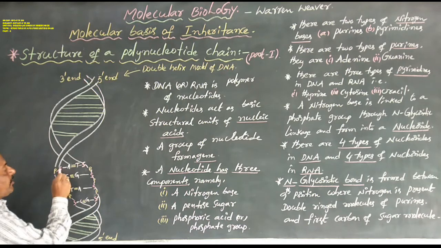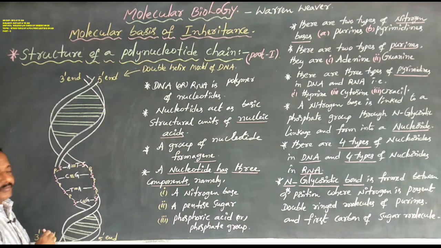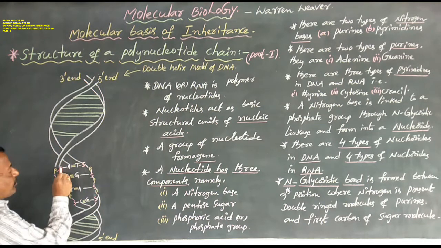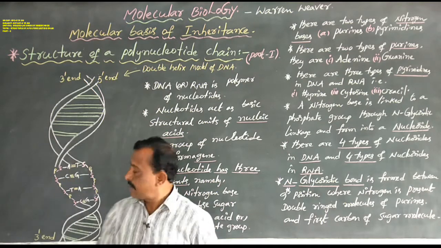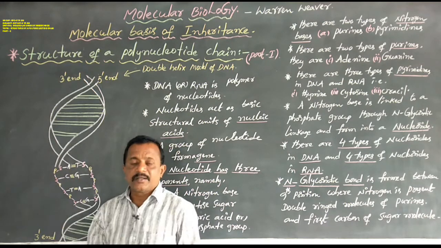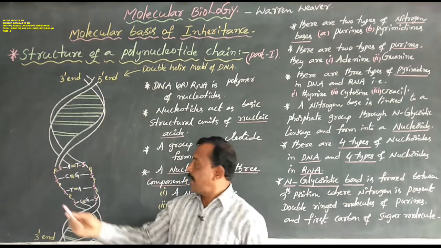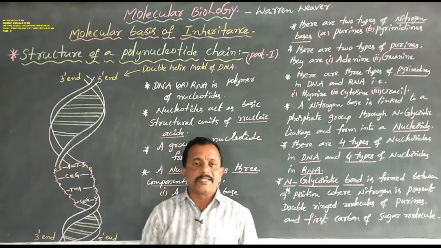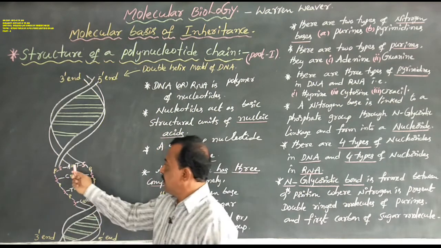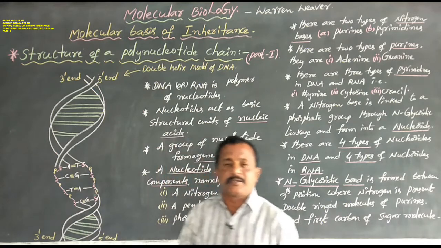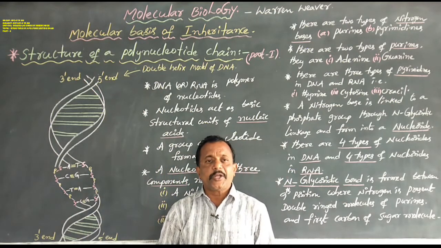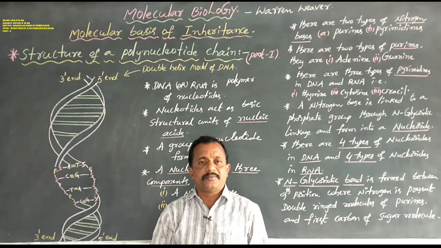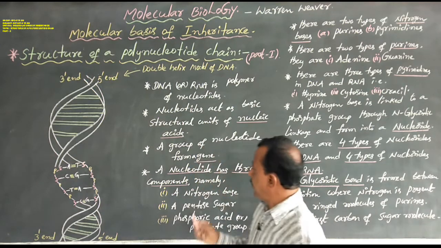This is in DNA, that is deoxyribose sugar. And P is phosphoric acid or phosphate group. So these are three components. These three nucleotide components are present in DNA and RNA.